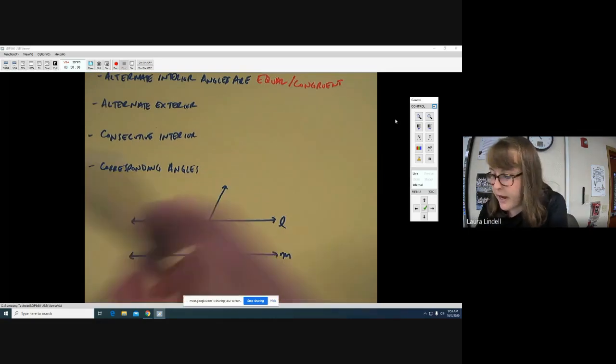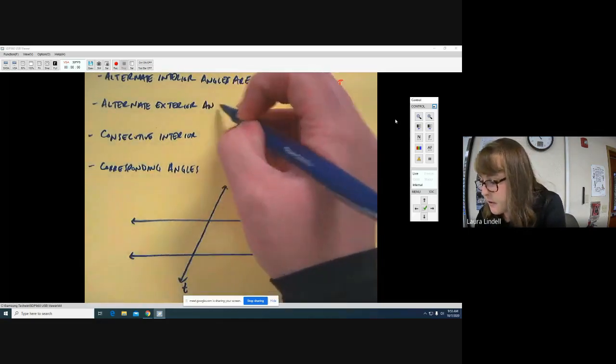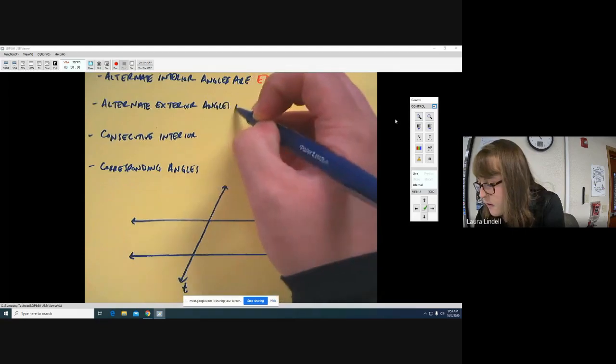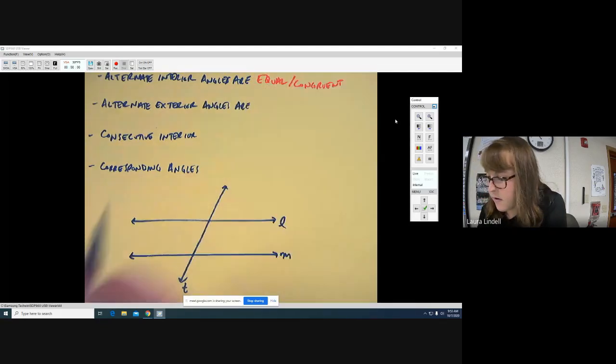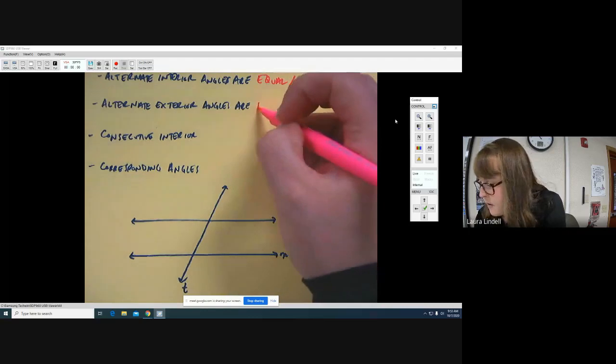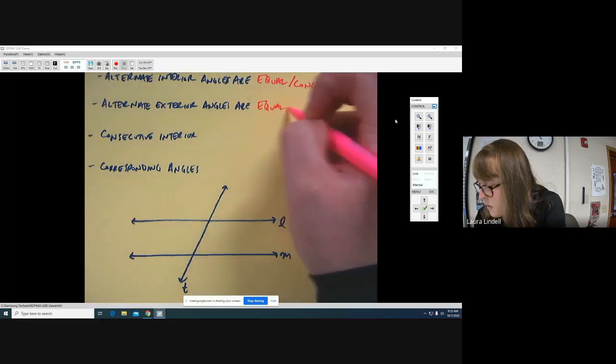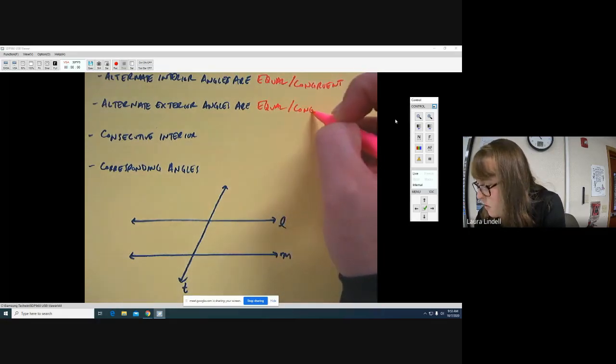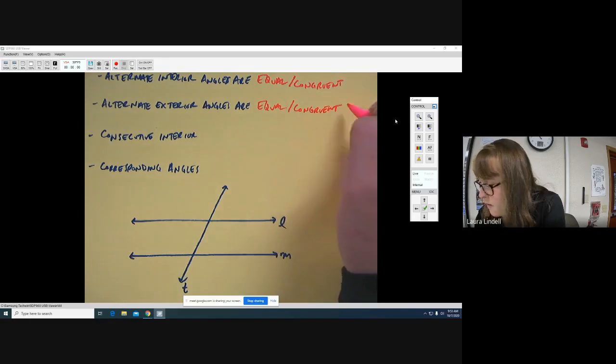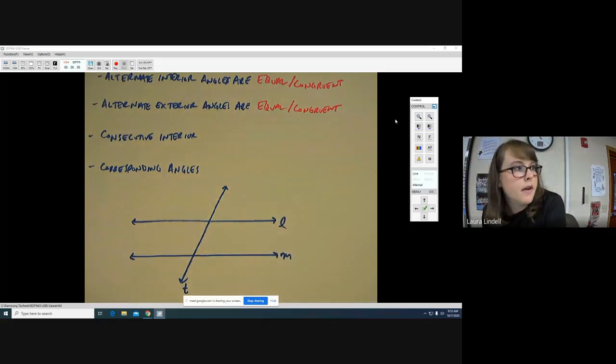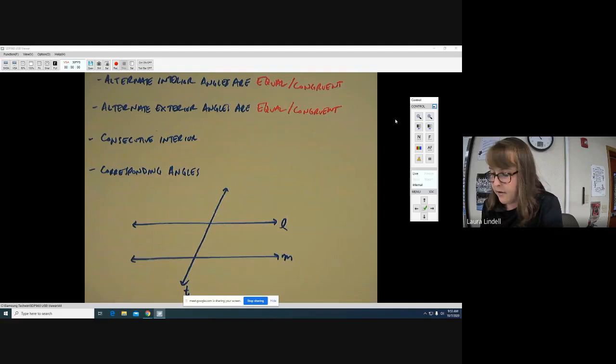Same thing with alternate exterior angles. So that's the first relationship that we have.